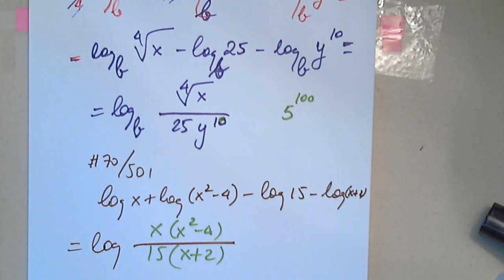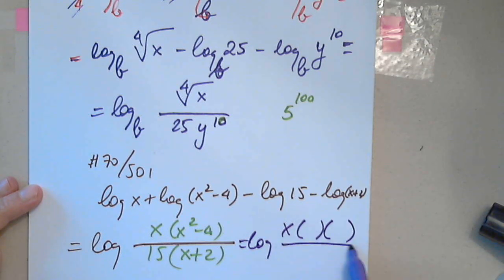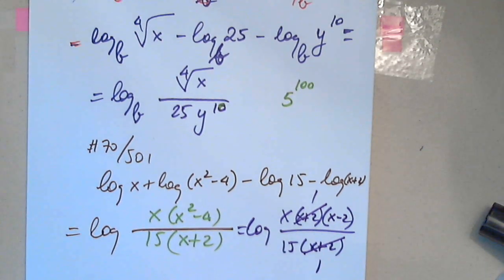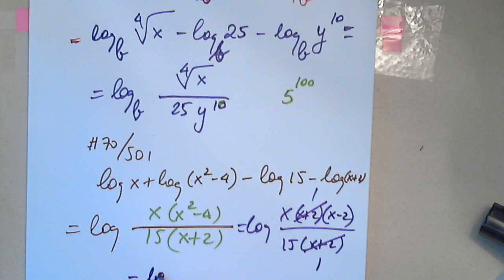I can't at this stage, but I can factor x squared minus 4. How do I factor x squared minus 4? X plus 2 times x minus 2. Very good. And therefore I can simplify one of the factors from the top with another from the denominator.